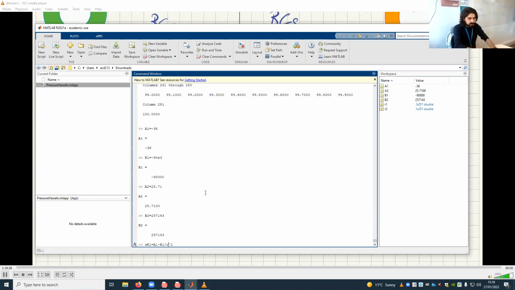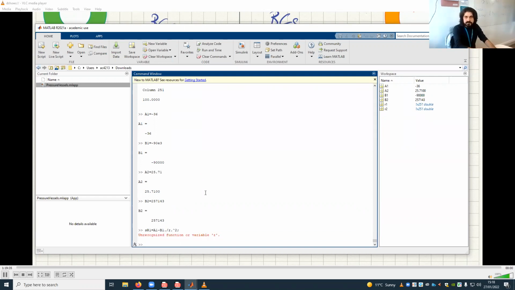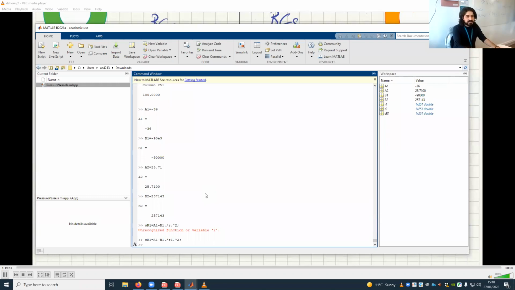I remember I have to use element-wise operators. So this is sigma R1. Oh, of course, I have to use R1. And this is sigma theta 1. And I have to use plus.